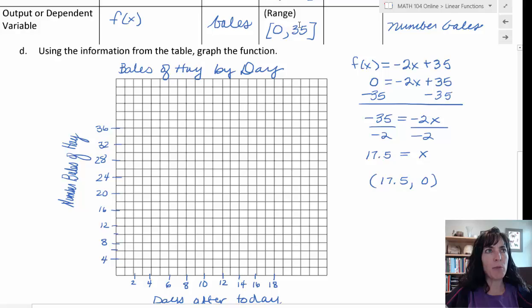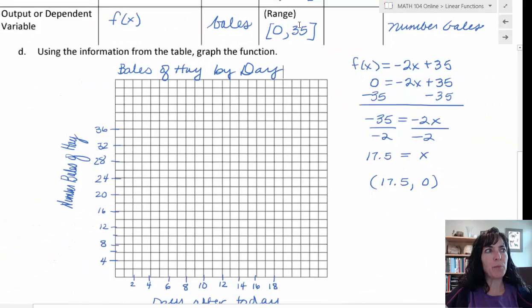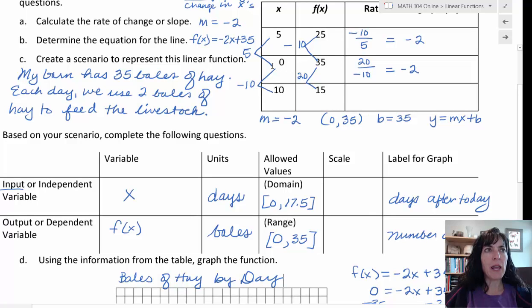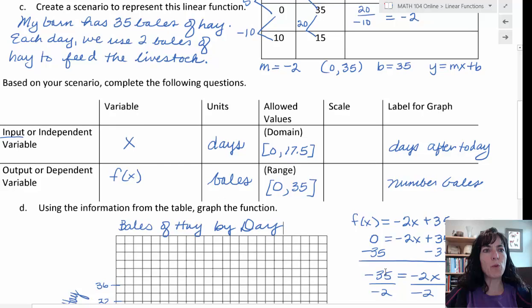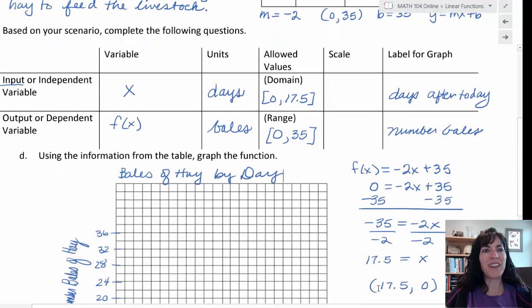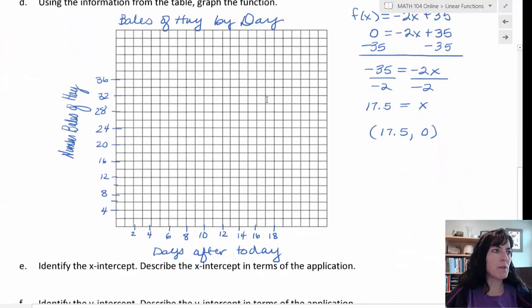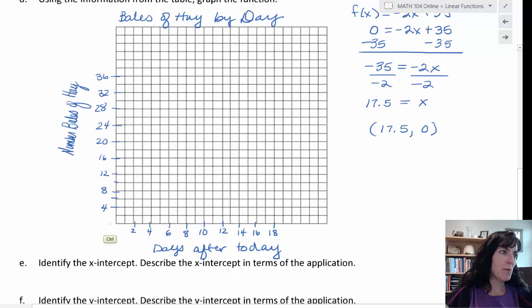Now I'd like to graph my information about my hay, and I see I have ordered pairs here, and then I have one more ordered pair right here. And I'm going to use all 4 of those to make my graph. So starting 0, 35. So 0 for the X direction and up to 35, there's 36, so I'm right below that.